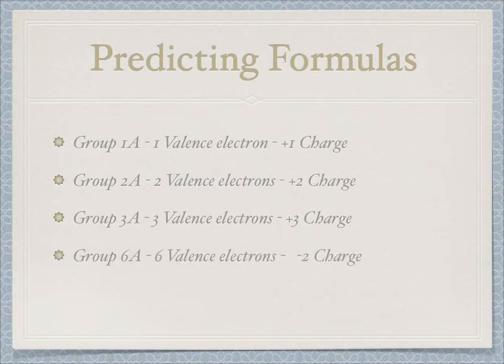Group 6A, they tend to form -2 charges. Group 7A, -1 charges. Those are our main ones for the main groups, the representative elements that form ionic compounds. Notice that we haven't talked about group 4 and 5, and certainly we haven't talked about group 8. They don't form anything. 4 and 5 tend to form more of the covalent compounds, which we'll get into in the next chapter. There are a few exceptions to that, but in general, that's what they do.